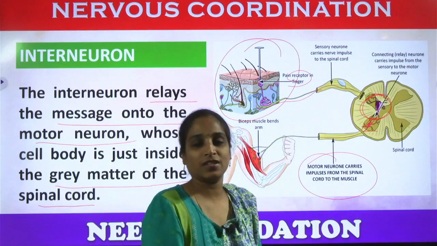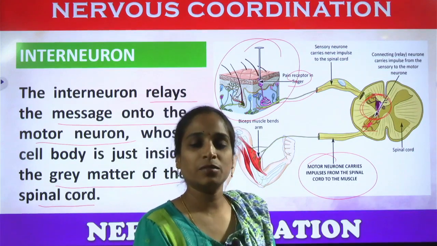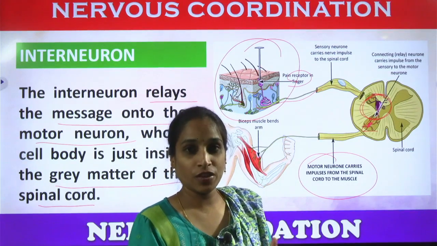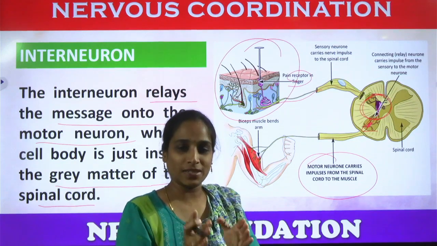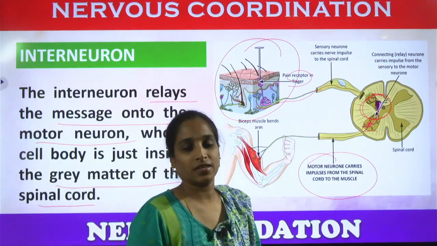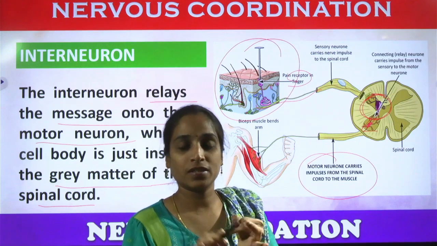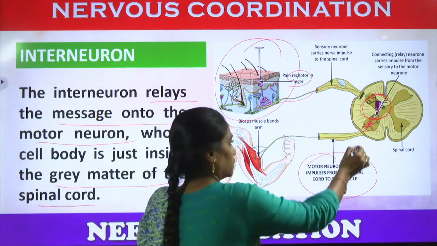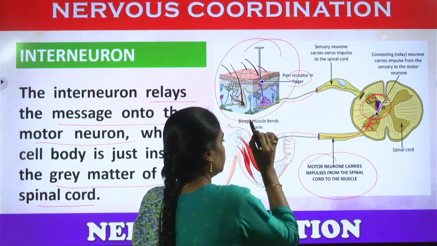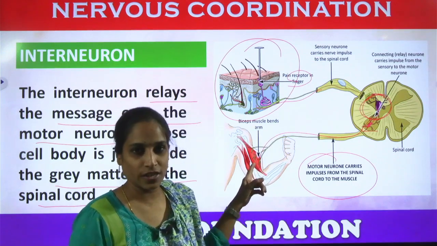Up till now we have discussed how the nerves are sending the messages. In what way are they sending the messages? In impulses. Those impulses are nothing but electrical impulses and chemical impulses. They will send the message to the effector organs, the muscles.